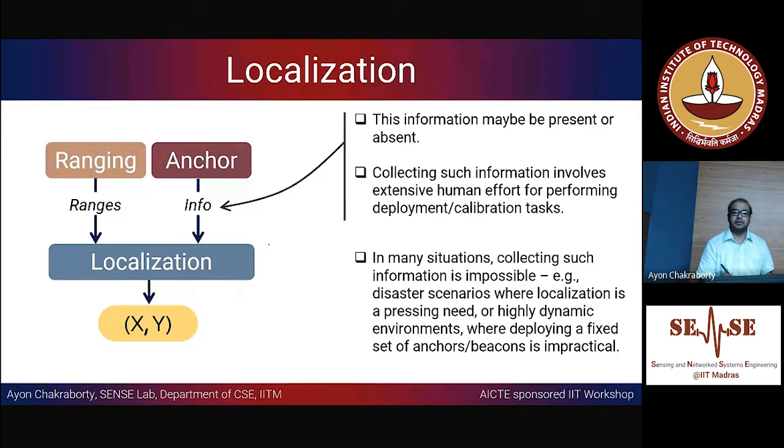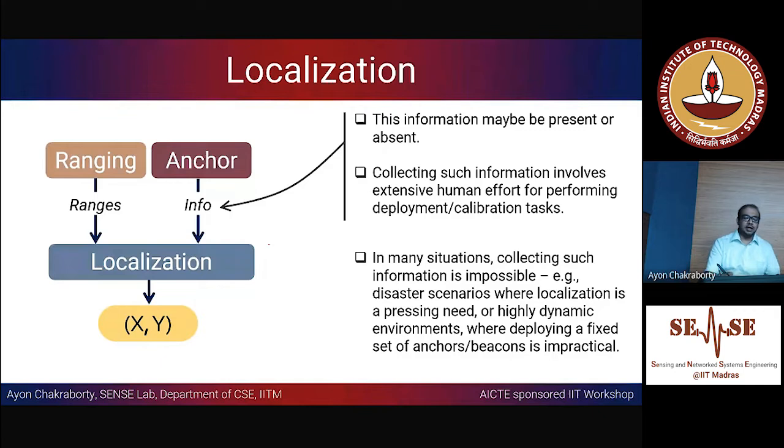So this is time consuming, and also it is not scalable. If you want to cover a large area where you need to place anchors, it cannot be done in a very quick way. Okay. But that was it, right? Those are the assumptions when we used TOA, TDOA as well as AOA.